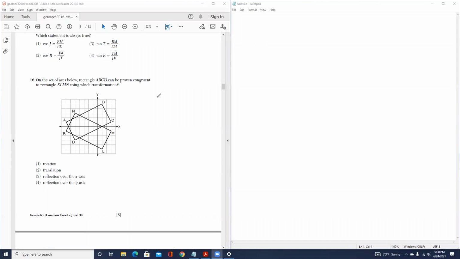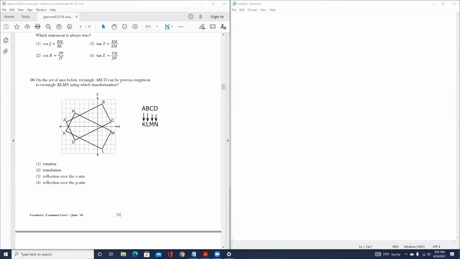And to get the points to match up with each other, you have to perform a mapping that maps each one of the points in the name to their congruent partner. So A to K, B to L, C to M, and D to N. And from the looks of it, the only choice that satisfies this will be reflection over the x-axis.